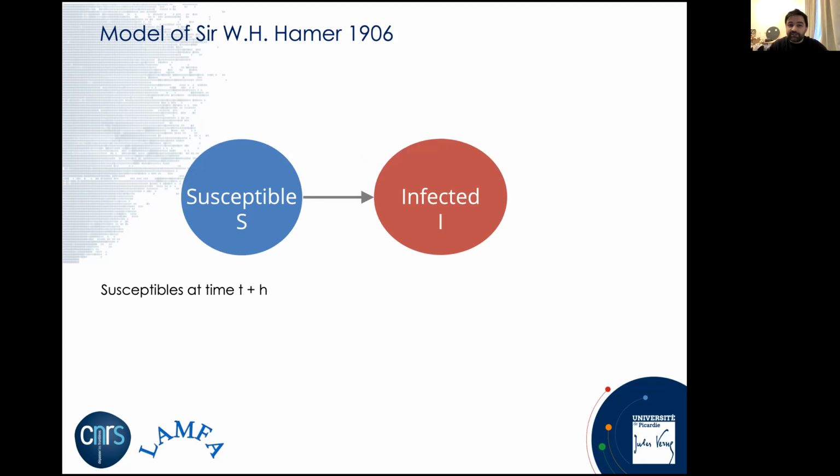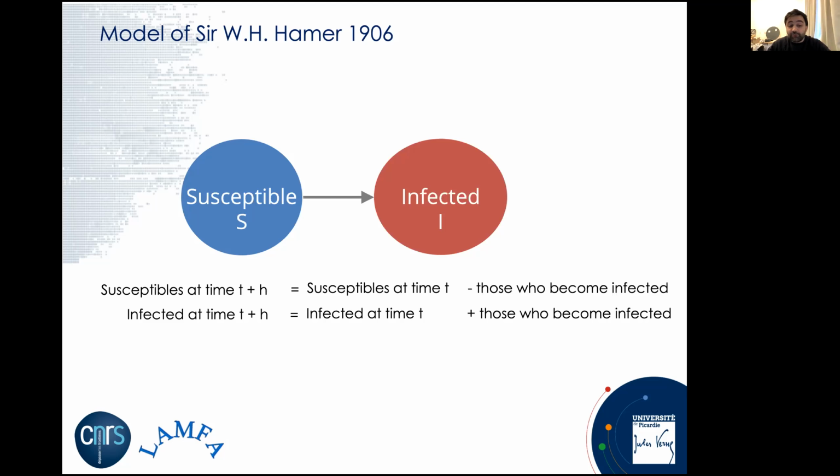It's quite easy to write the equation. You just say, okay, who are the susceptible today? They are the susceptible from yesterday minus the ones who become infected. Very simple. And who are the infected?